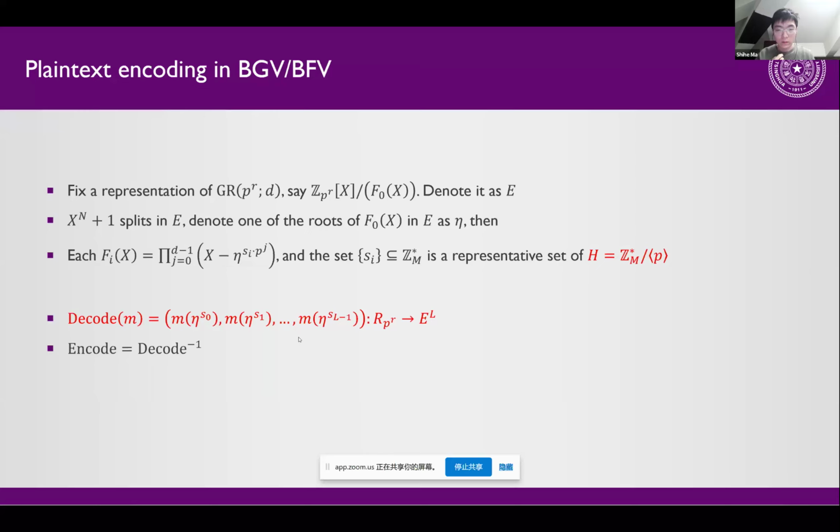If we denote the quotient group of Z_m^* modulo p as H, and we pick the representatives s_i as the elements in H, we can write each F_i(x) explicitly using the s_i, and the decoding function will be just evaluating the plaintext polynomial M on different primitive roots of unity that are specified by different s_i. We will use these decoding functions later in our decomposition of the linear transformations into NTT matrices.